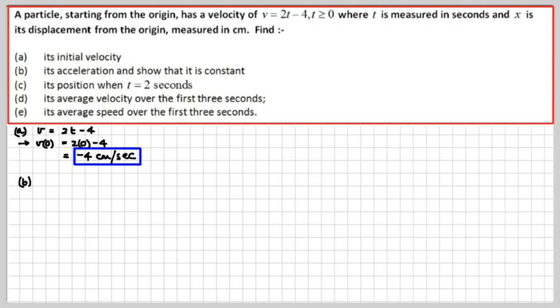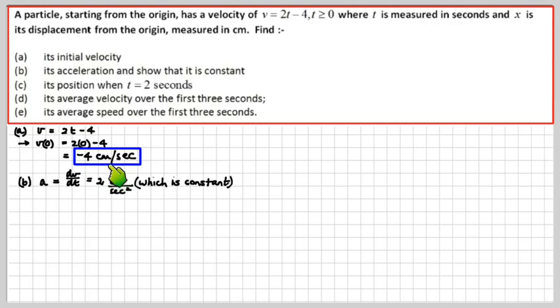What's B? I'll find the formula for the acceleration and show that it is constant. Well, acceleration is the derivative of velocity. So a is dv/dt, and that's going to be, oh look, that's easy. It's the derivative of this with respect to t, which is just 2 centimetres per second, right?